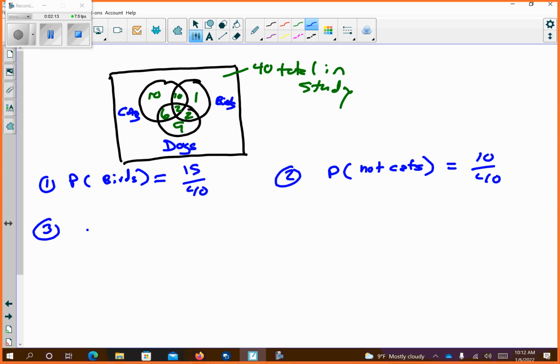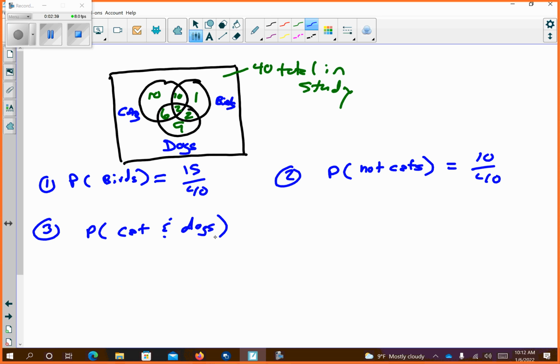Problem 3, probability they like cats and dogs. Okay, so the only people that don't like cats and dogs is that one person who just likes birds.